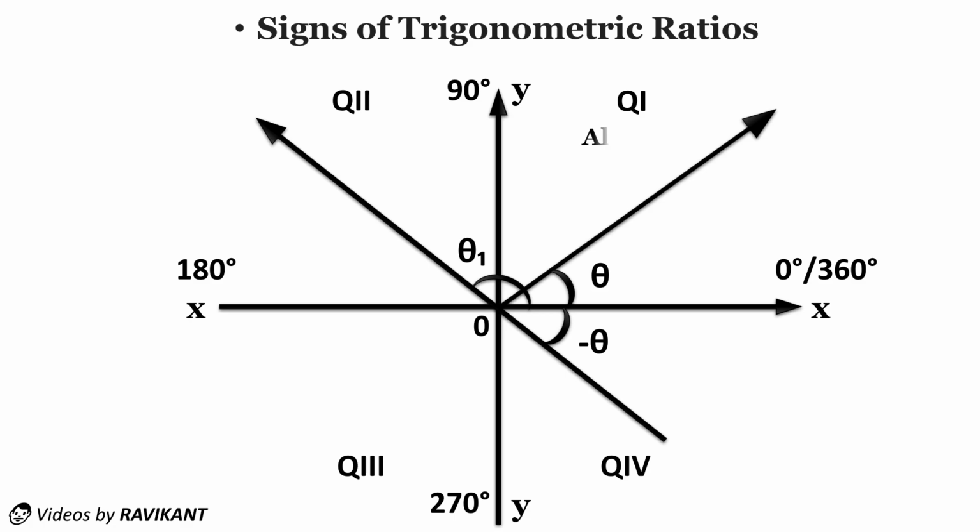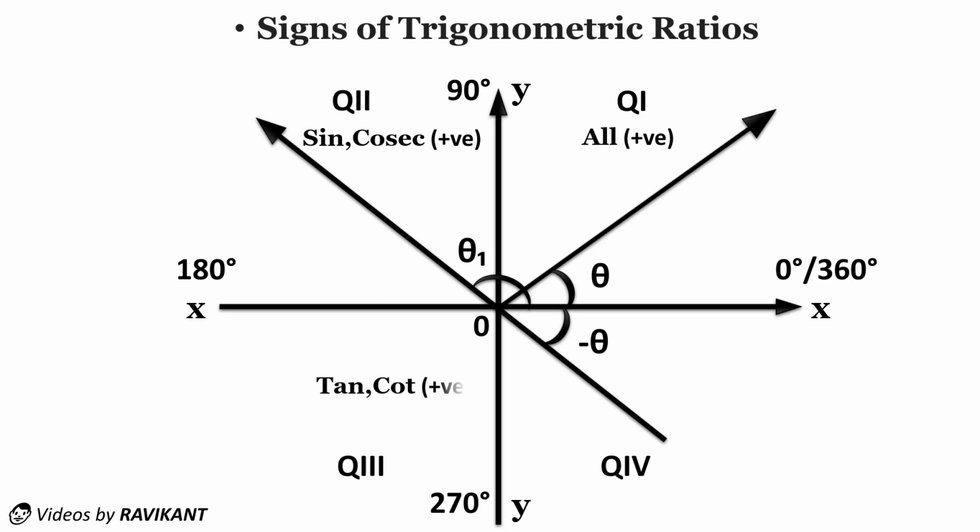So in the first quadrant, all trigonometric signs will be positive. Means there will be no change in sign if the trigonometric ratio lies in the first quadrant. Next is the second quadrant, only sine and cosec will be positive and other trigonometric ratios will be negative. Means if we have other ratios except sine and cosec, then they will be negative in the second quadrant.